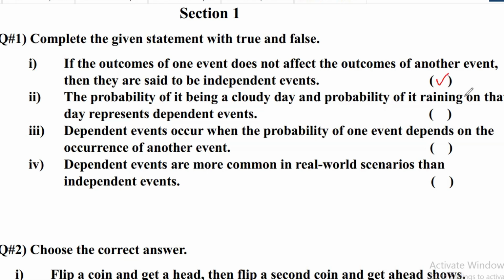Like if it is 90%, of course there should be rain, so it depends. Dependent events basically occur when the probability of one event depends on the occurrence of another event. Yes, this is also true. Dependent events are more common in real-world scenarios than independent events. This is also correct. All are correct.